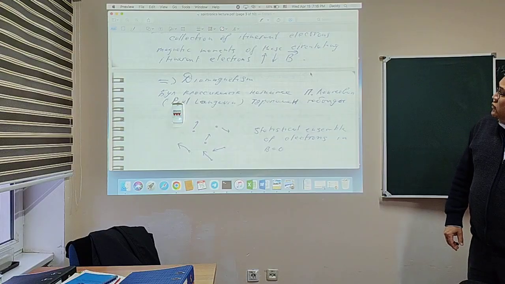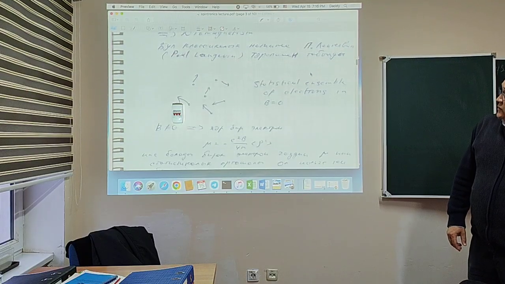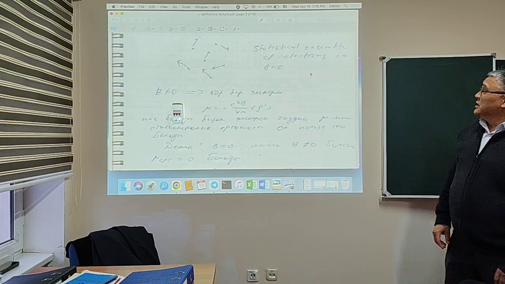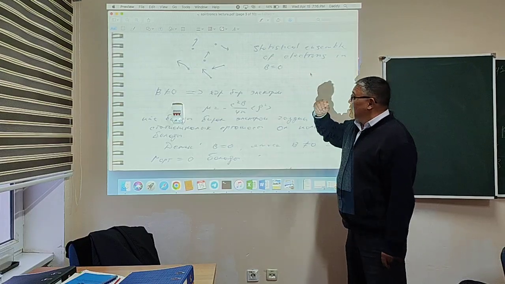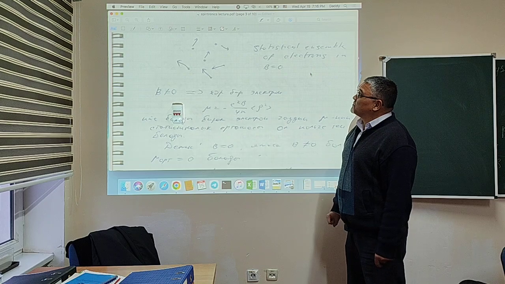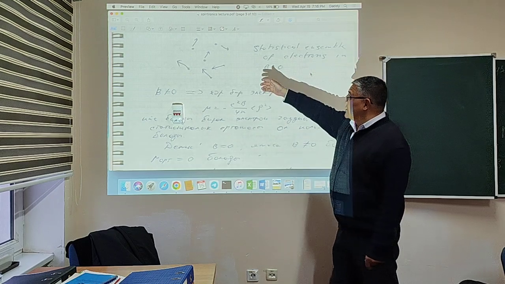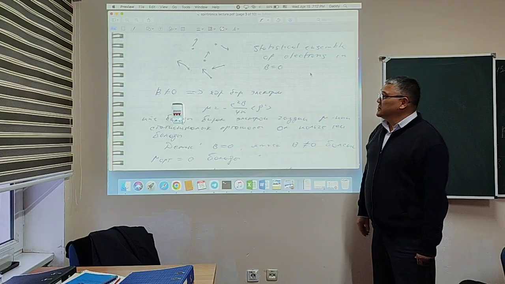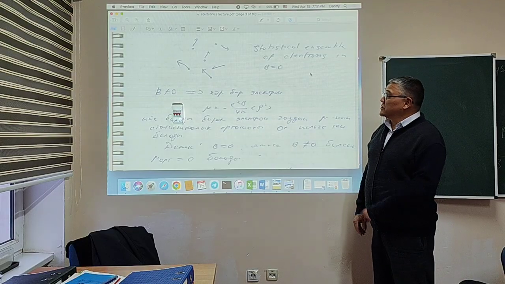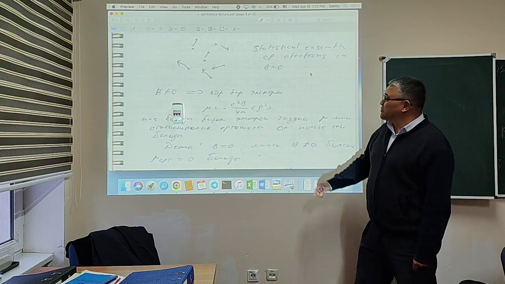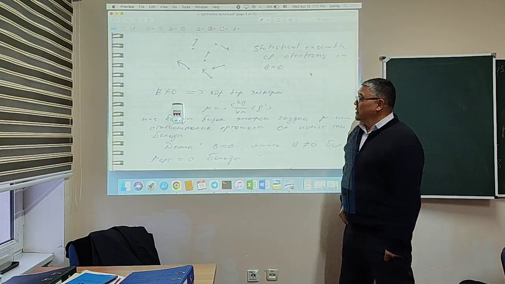Now if we look at this classically, in the classical result, when the magnetic field B is equal to 0, all these electrons will have chaotic directions. If we apply a magnetic field, according to that theory, each electron will acquire a magnetic moment equal to this.